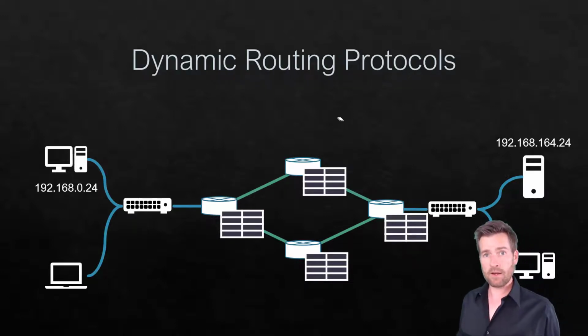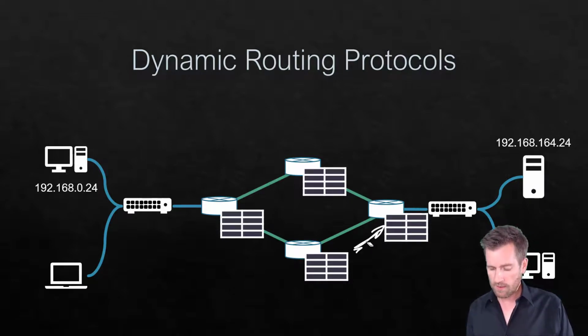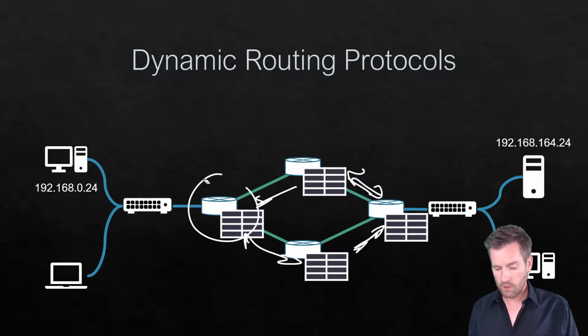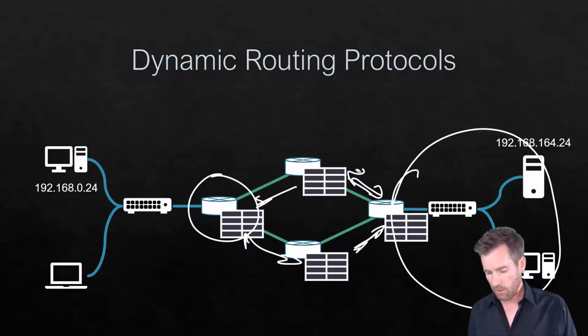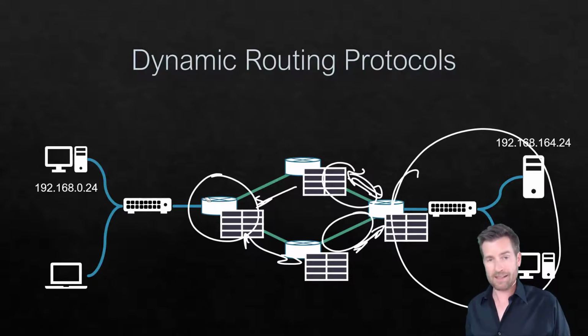But there is another way as well, and that is through a dynamic routing protocol. A dynamic routing protocol is a way for routers to share information about the networks that they're connected to. So here we have several routers with routing tables, and they would share the information from their routing tables back and forth between these routers. And so this router would then learn about these distant networks, possibly this remote network and possibly these remote networks, so that it could get to those destinations by one of the routes that it has available to it.